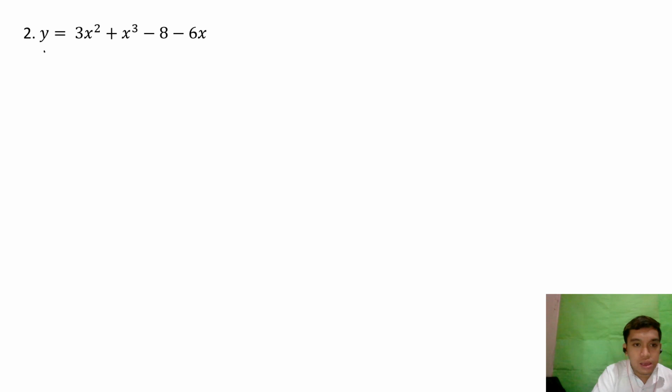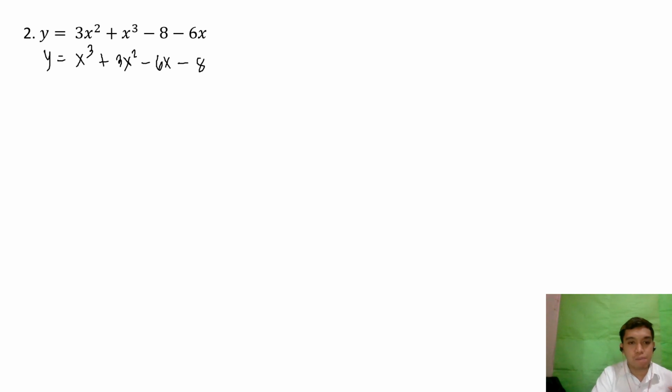So y is equal to, pinakaunang term natin dyan ay ang x cubed plus kasunod yung 3x squared, then minus 6x, sa dulo na ang ating constant term na negative 8. So, ayan, naka-standard form na siya.